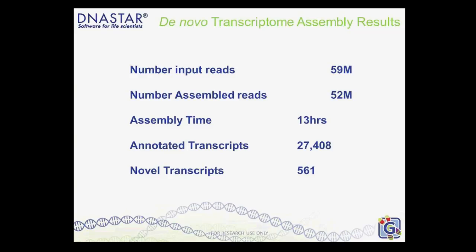And just to give you some of the de novo transcriptome results, in this data set, it's about 60 million reads, and about 80 to 90% of those assemble. The assembly time is about 13 hours on this one. Annotated transcripts, we get 27,000, and we get about 500 novel transcripts that do not hit any annotations in the database.